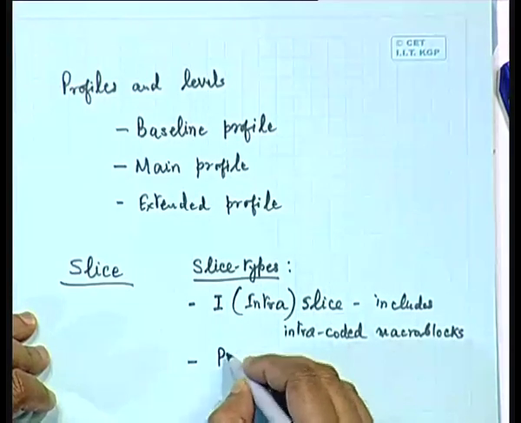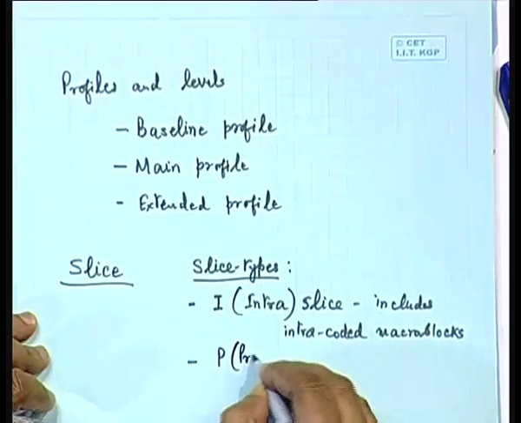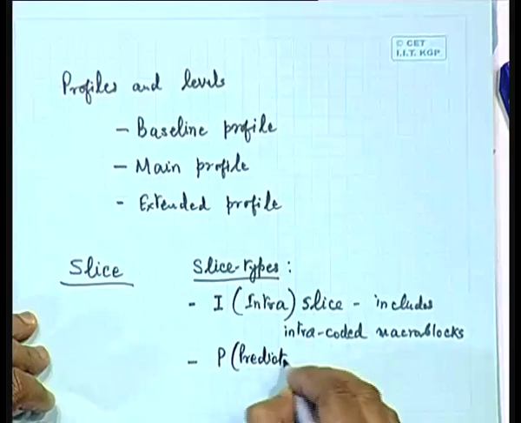The P slice, as the name implies, is a predicted slice.